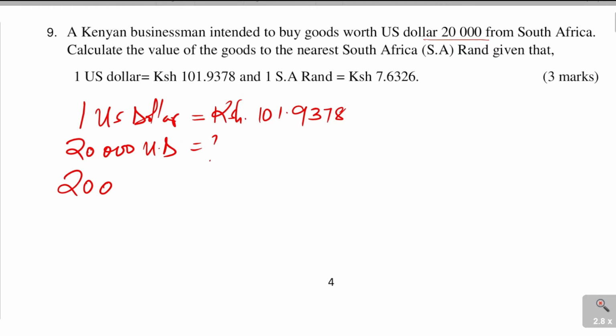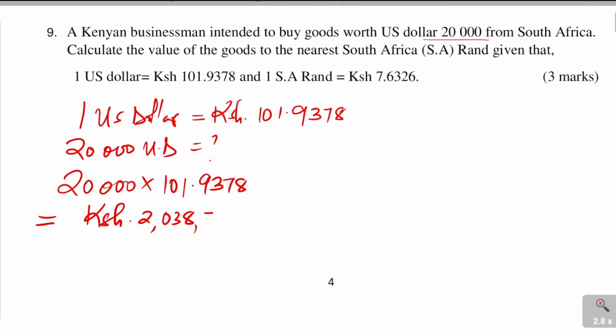So it is 20,000 multiplied by 101.9378. This will give now the amount in Kenyan shillings. So when you multiply these, you will get 2,038,756 Kenyan shillings.